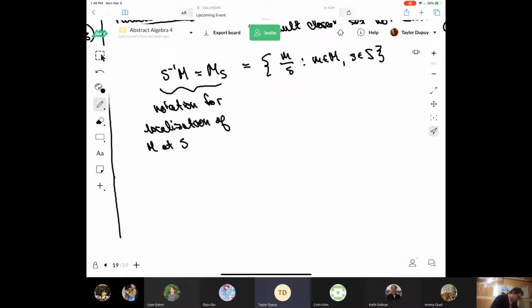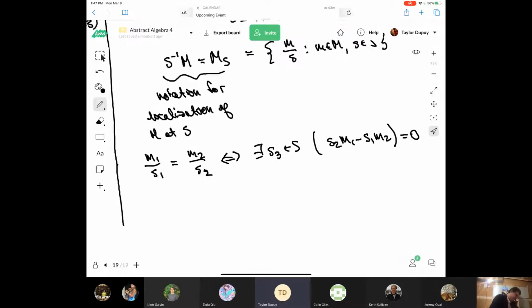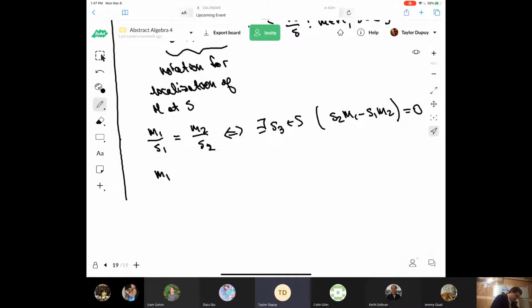So same rules, right? m1 over s1 is equal to m2 over s2 if and only if there exists some s3 in S such that s3 times (s2 m1 minus s1 m2) is equal to 0. Okay? Sorry, let me fix this.